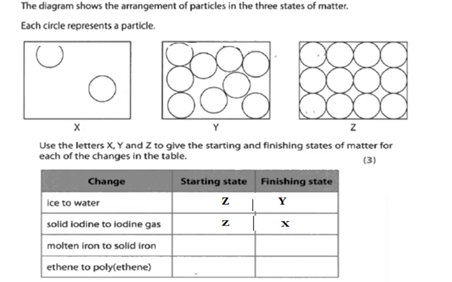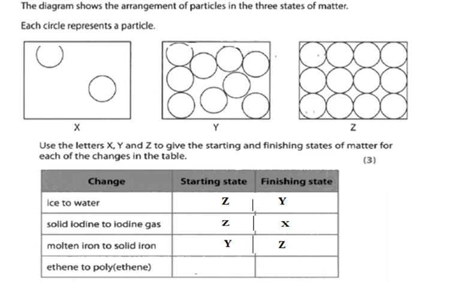Molten iron to solid iron. Remember that molten means the liquid form, so that means that the iron has been heated until it has become liquid, that is molten iron. So changing from molten iron to solid iron, that means I'm changing from liquid to solid, so that is from Y to Z. Ethene to polyethene.